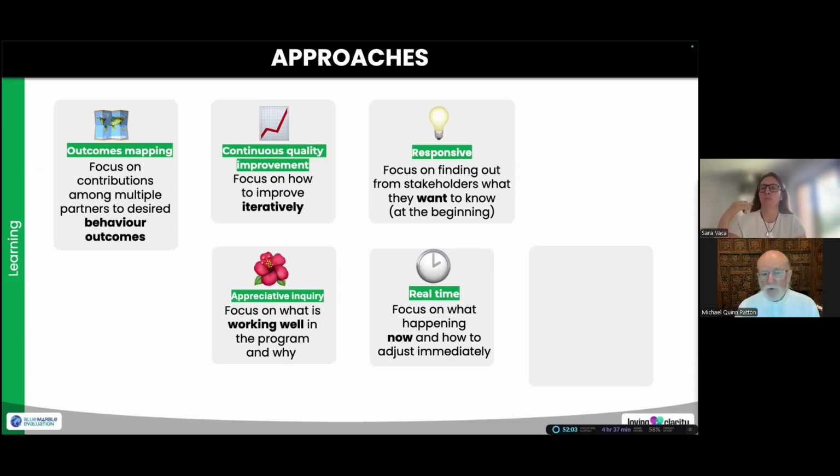For example, during the pandemic, evaluation had to become very real time because they had to quickly increase the capacity of emergency rooms, and then the hospitals were overwhelmed.